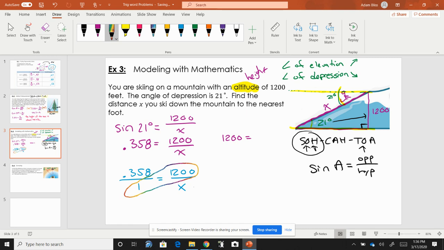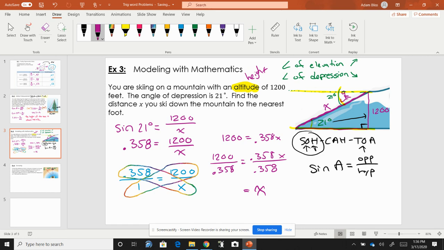And x times 0.358 is 0.358x. It's kind of a little small, but that's okay. So now we have to get rid of that 0.358. So how do we do that? Divide both sides by 0.358. All right. So the 0.358s on the right-hand side are going to cancel out.